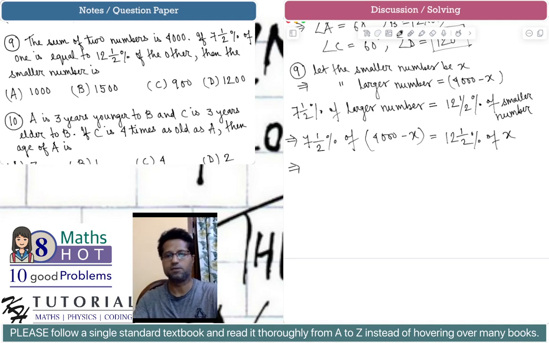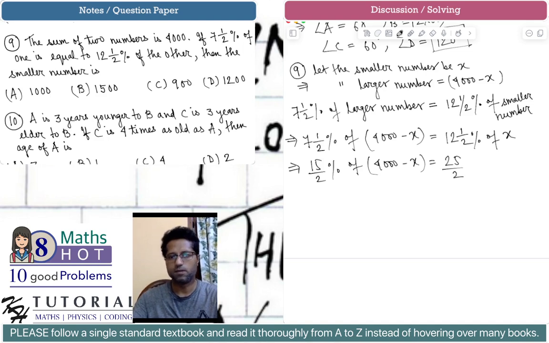7.5% of something means, first of all, let's convert the mixed fraction to an improper fraction. 7.5 means 15 by 2% of 4000 minus x is equal to 12 and a half, which when converted to an improper fraction is 25 by 2, so 25 by 2% of x.